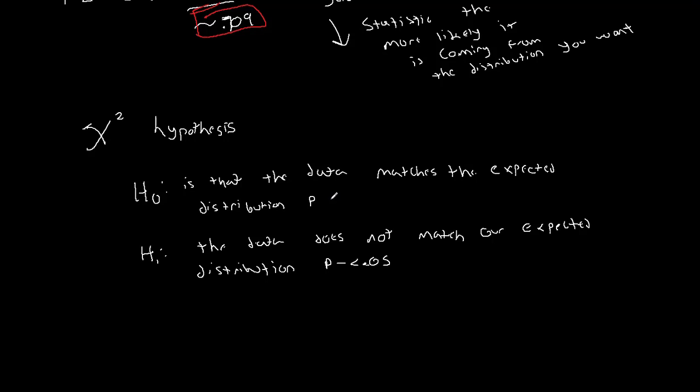A p-value of greater than 0.05 would indicate that we do not reject, we fail to reject the null hypothesis. So what is our p-value here for this 0.709?